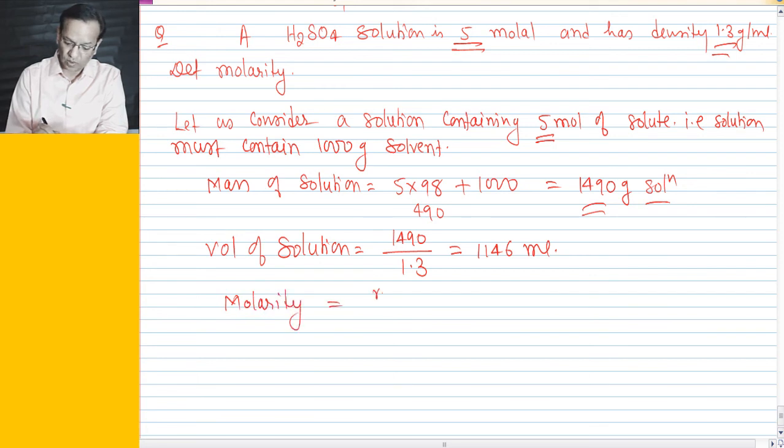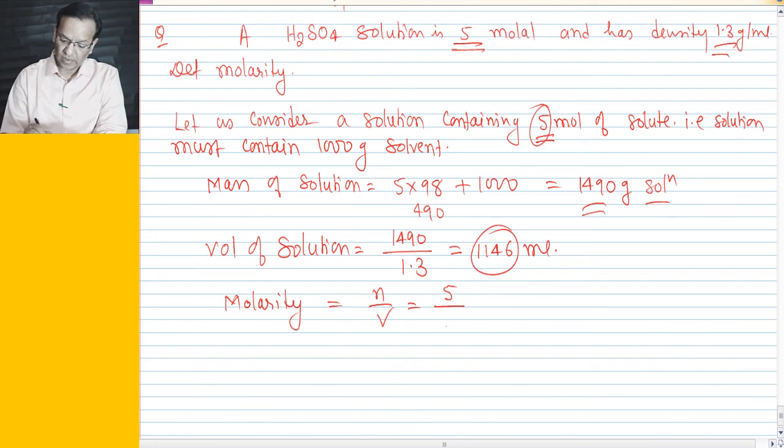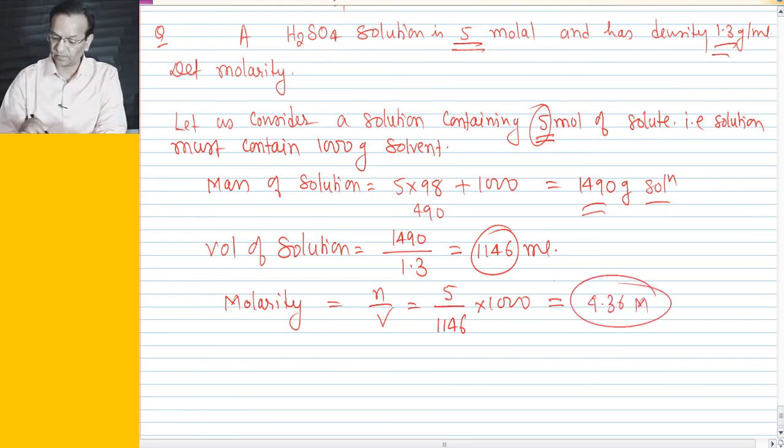So now molarity, which is n by V, so it is number of moles, which is 5, upon volume, and we have to convert it into liters. So it will be 1146 divided by 1000. So 1000 will come in numerator, and if we calculate it, it comes out to be 4.36 molar.